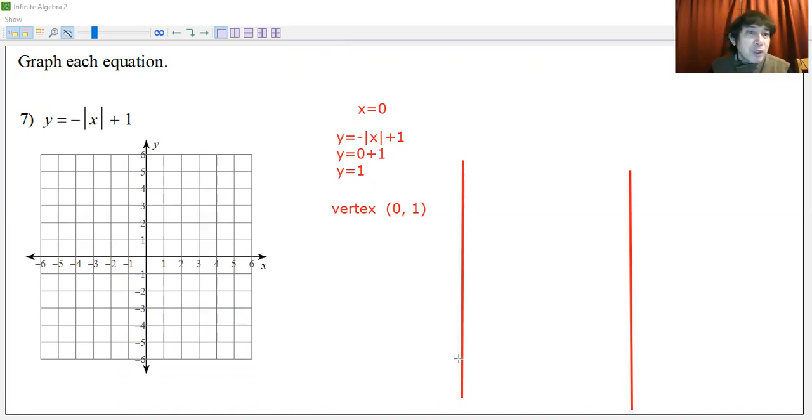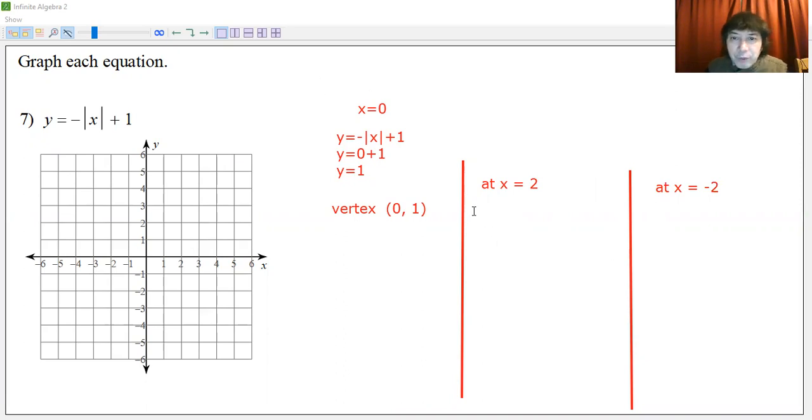If I choose 2 here, that looks fit. So let's make use of x equals 2, and the other one, let's choose x equal to negative 2, and see the answers.